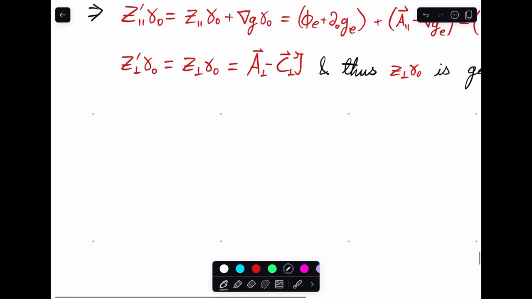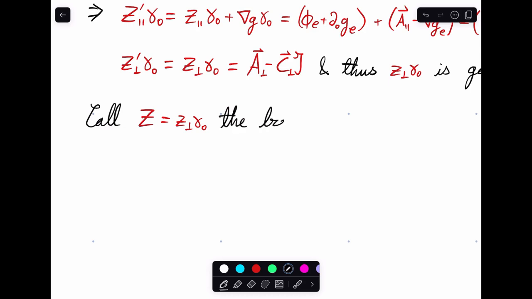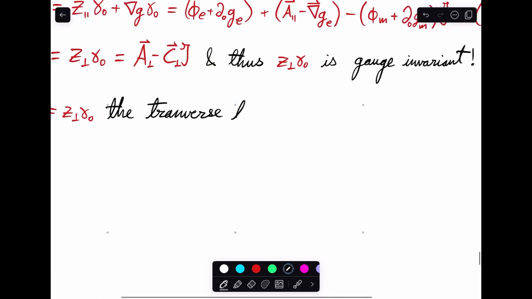Now what is done is to call capital Z equal to Z perpendicular gamma naught, the transverse bivector potential.